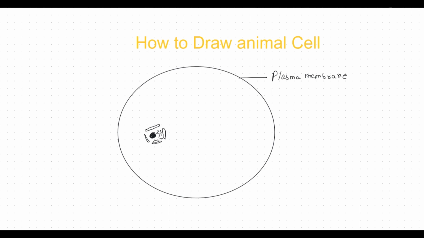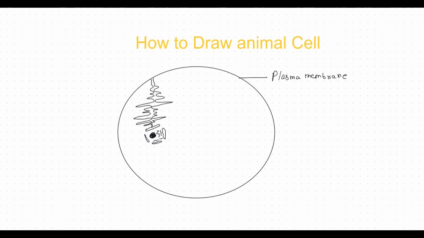Now from this nucleus, you're going to draw on one side structures like these, which represent the endoplasmic reticulum. And always remember, these structures are going to touch your plasma membrane.